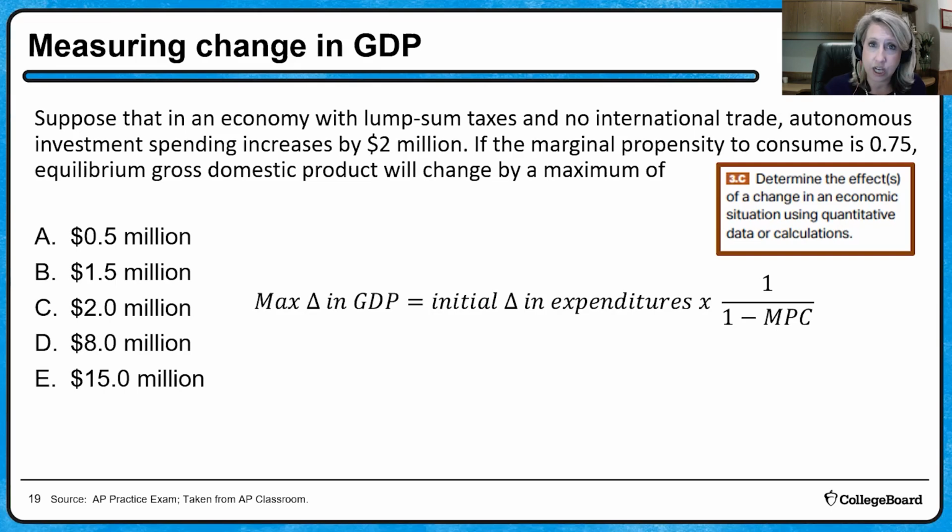So max change equals initial change times the multiplier. If the initial change is an expenditure, we use 1/MPS. If the initial change is a change in taxes or transfers, we use MPC over MPS. And don't forget, are we looking at a direct relationship or an inverse relationship? CIGX go up, aggregate demand goes up, we use 1/MPS.